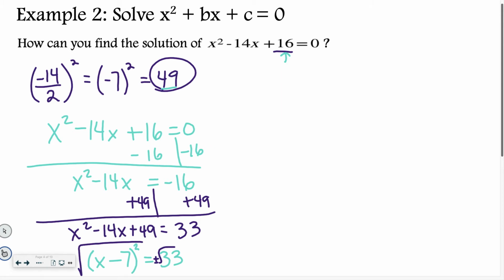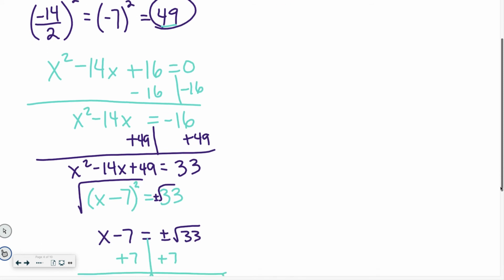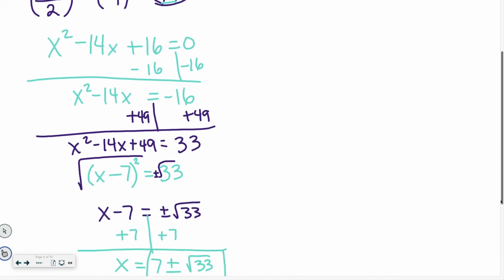So then I was left with x squared minus 14x equals negative 16. Well, I wanted a perfect square trinomial. So I wanted to add that 49 to the left side, but if I add it to the left side, I have to add it to the right side. A lot of people will forget to add it to both sides. So make sure you add it to both the left and the right side.